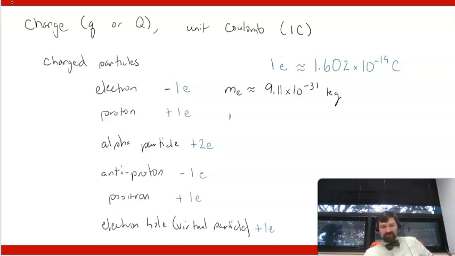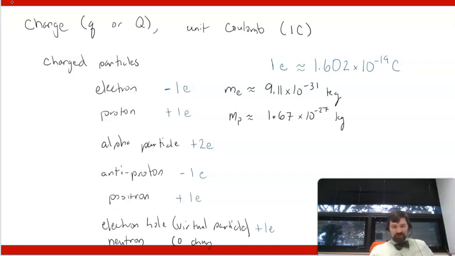The mass of a proton is 1.67 times 10 to the minus 27 kilograms. There's also, and I didn't list it in the list, the neutron. It has 0 charge, but it has a mass of approximately 1.67 times 10 to the minus 27.